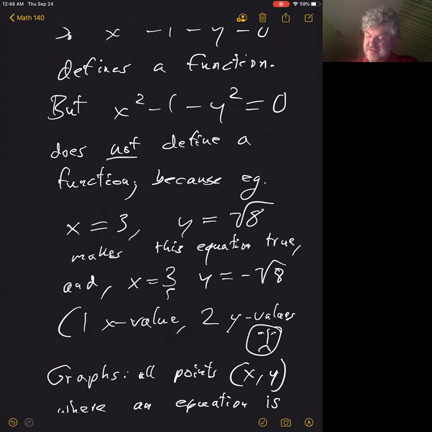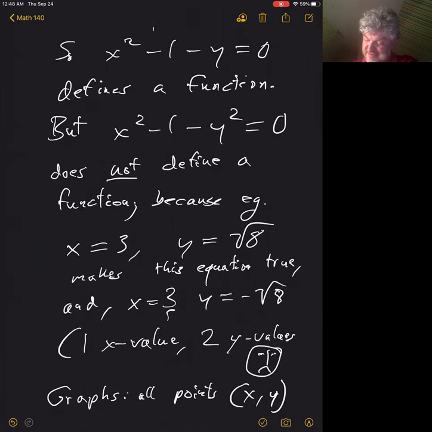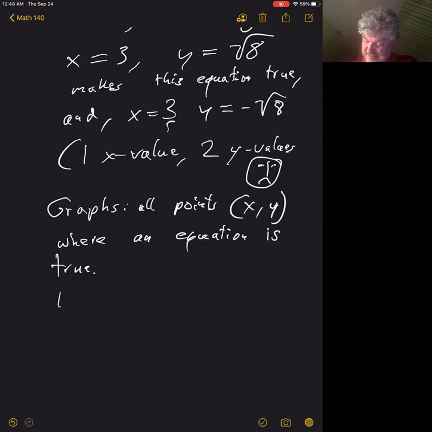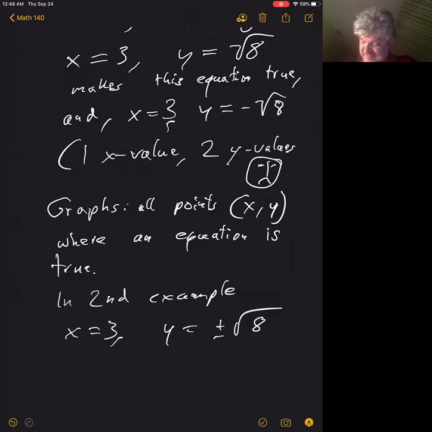I could make a graph of that second example, which is not a function, but I'll limit myself to the points which I just calculated. x is 3, y is plus minus square root 8.